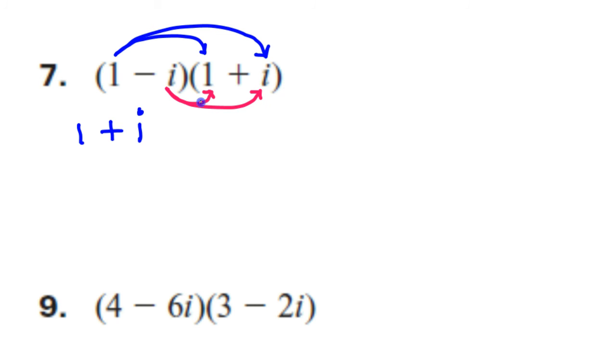Negative i times 1 is negative i. Negative i times negative i, alright, a negative times a negative is a positive. i times i is i squared. Now remember, i squared is equal to negative 1. Alright, keep that in mind.